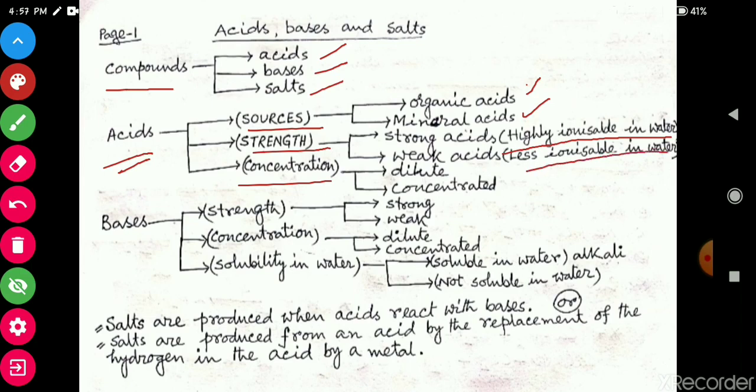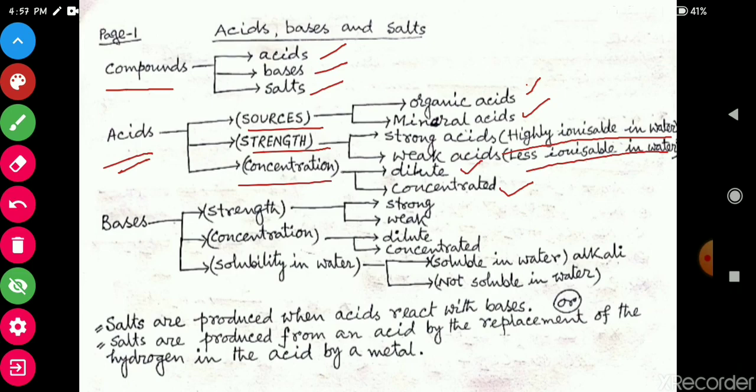On the basis of concentration, a lesser amount of acid in water is called dilute acid, and a higher amount is called concentrated acid. Similarly, bases can also be classified as strong and weak base, dilute and concentrated base.